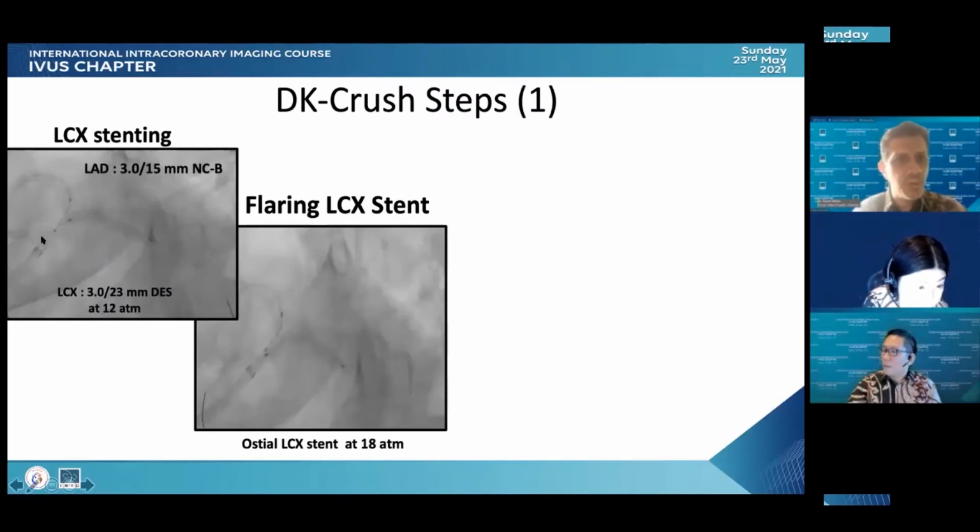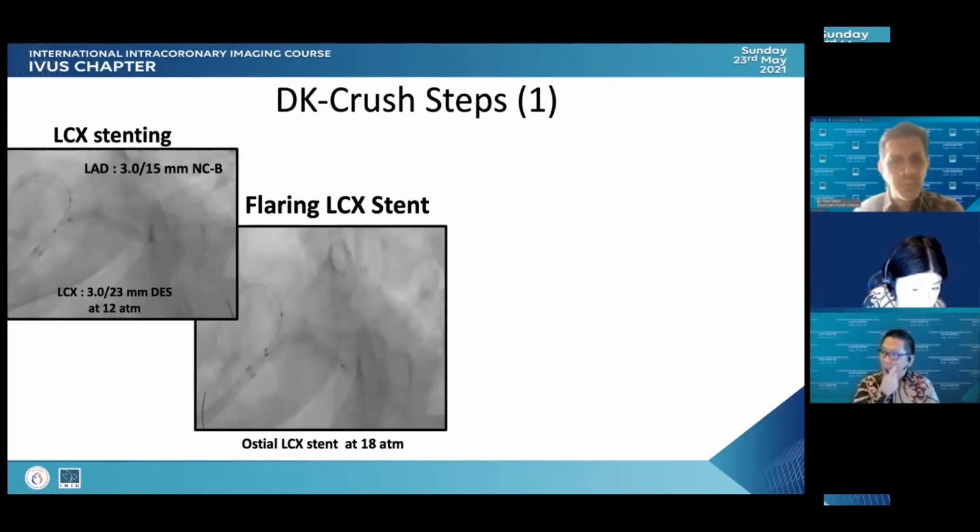First, we put a 3.0 by 23 drug-eluting stent at 12 atm, just protruding into the left main, and then we prepared the 3.0 balloon. We understand we usually use a bigger balloon at the left main LED, but anyway, we tried to crush it.